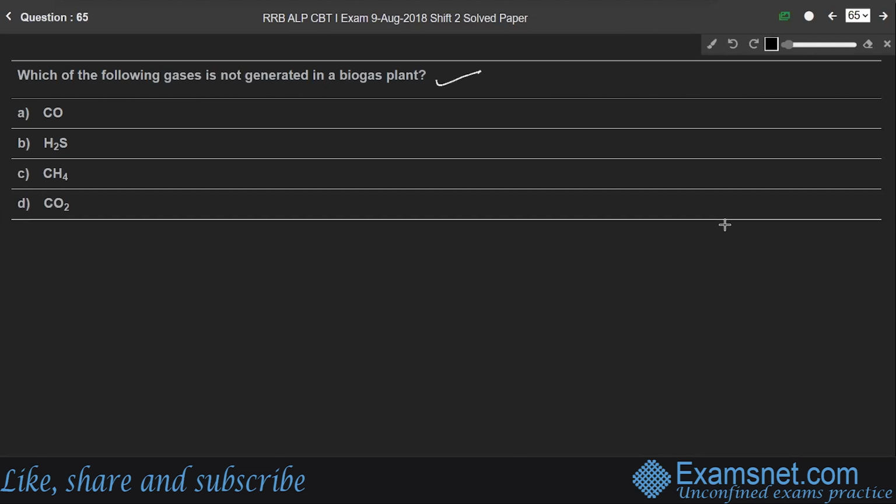Question 65. Which of the following gases is not generated in biogas plant? So here, what is biogas plant or biogas? The breakdown of organic matter to produce a mixture of different gases is called biogas.